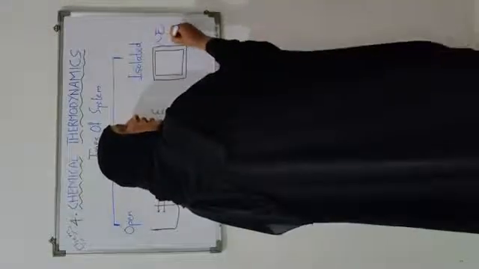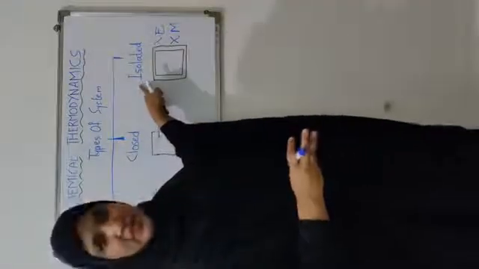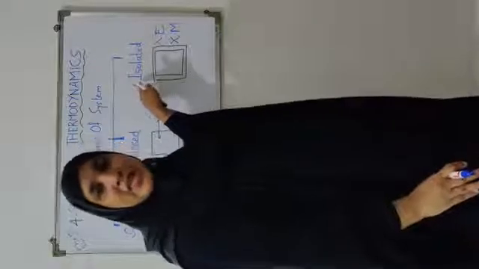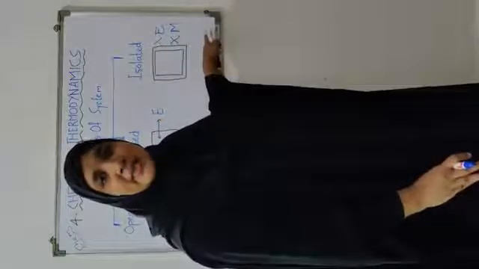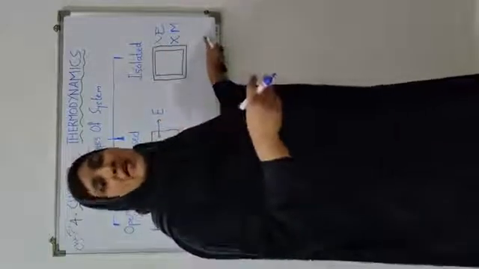Okay, so the system that cannot exchange energy or the matter with its surrounding is known as isolated system. What is that isolated system? The system that cannot exchange energy as well as matter with its surrounding is known as isolated system.